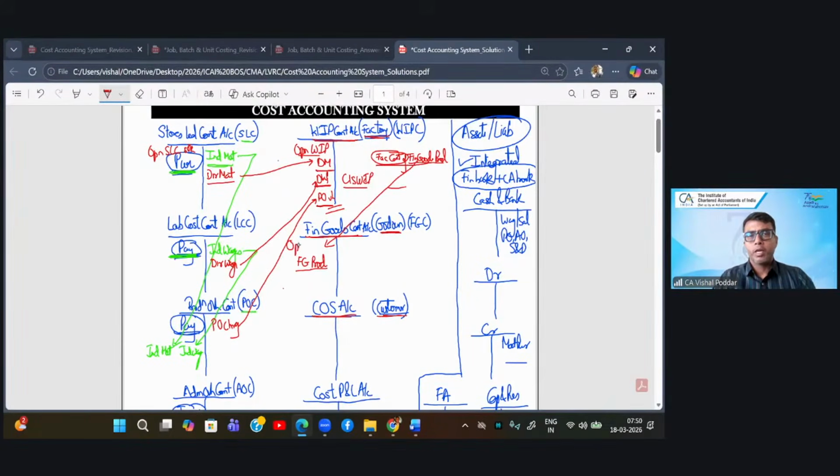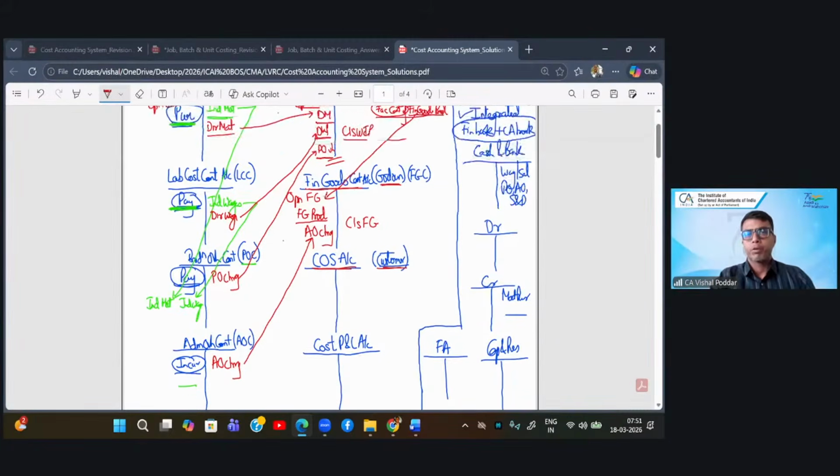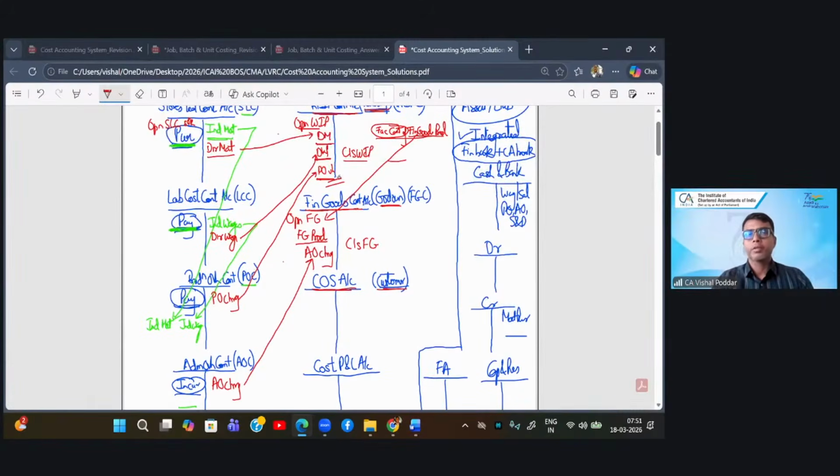Now, again, here you'll have opening finished goods stock. You will have closing finished goods stock. Now, interestingly, administration overheads are to be charged here. So, production overheads you charged here.